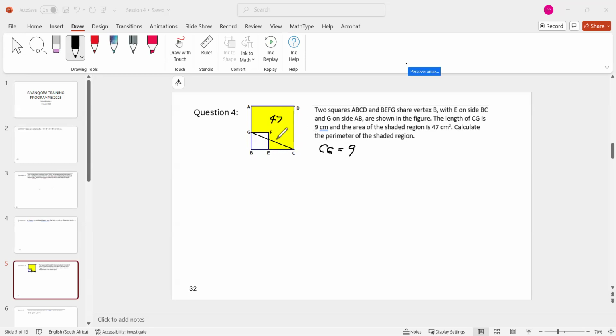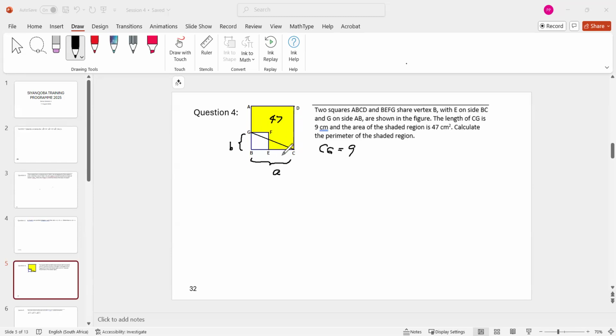All right. Now, they don't tell you what the sides are. So let's assume the side of the big square is A and the small square is B. The question is to calculate the perimeter. They don't tell you what the sides are, but they give you two pieces of information: one is the length of a line and the other is the area of some region.